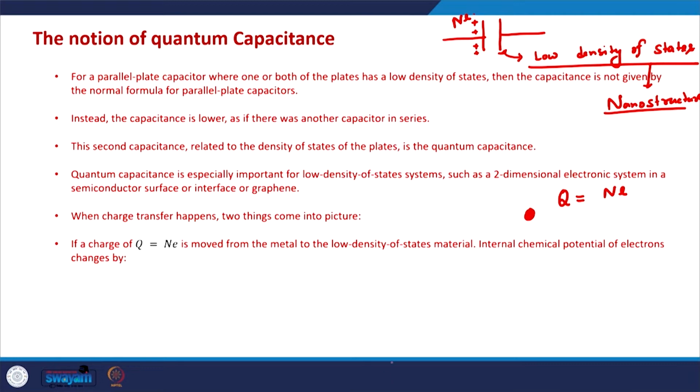So corresponding to this change, n number of electrons are transferred from the plate or supplied to the plate, depending on the sign of the charge.